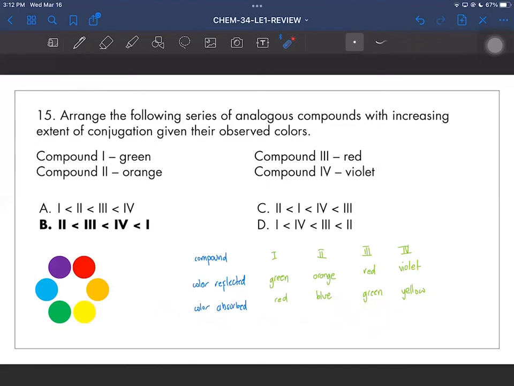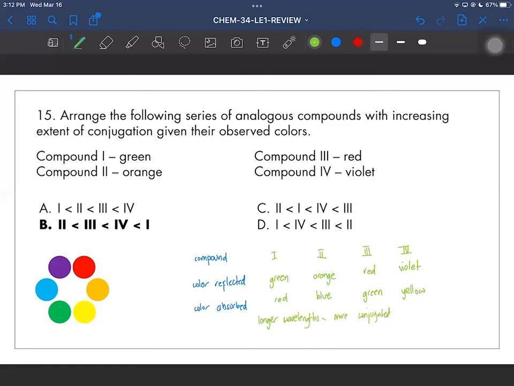And let's go back to the first question on bathochromic shift. As we increase the conjugation, the wavelength of light absorbed is now longer. So longer wavelengths of light would be more conjugated. Longer wavelengths are more conjugated.